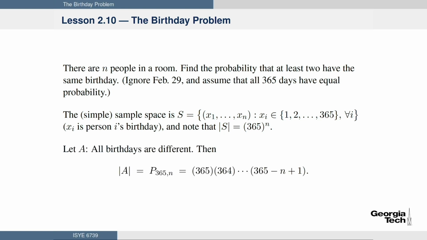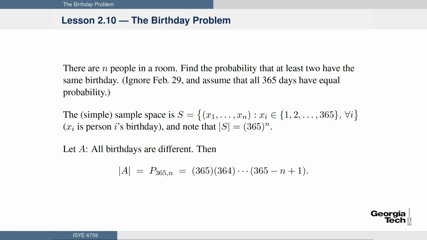So I'm going to let the event A be the event that all birthdays are different. So we're going to want 1 minus the probability of A. Anyway, the cardinality of A is, since there are n people in the room, this amounts to choosing n birthdays out of the 365. So this is the permutation of 365 things taken n at a time.